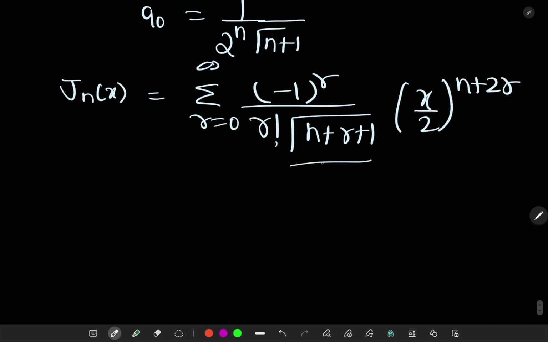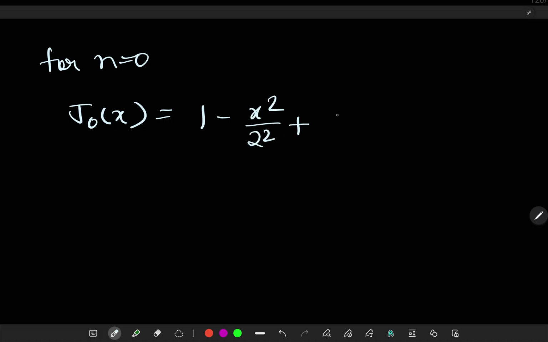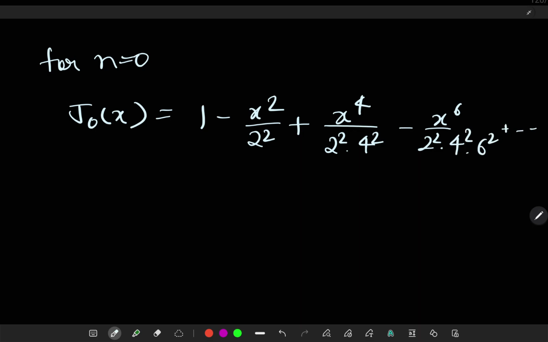Here we can write this differently using the property of gamma function. For n equal to 0, Jn(x) becomes J0(x) equal to 1 minus x squared divided by 2 squared plus x raised to power 4 divided by this, and so on.